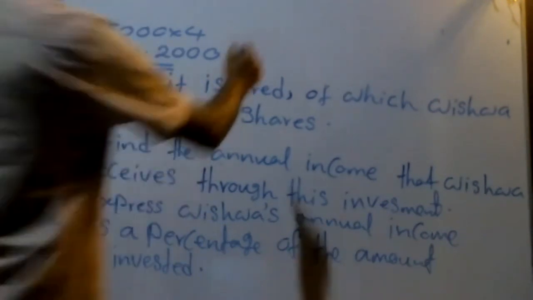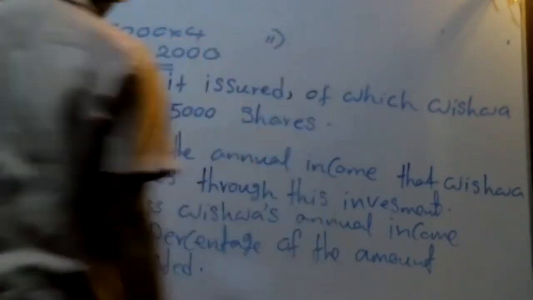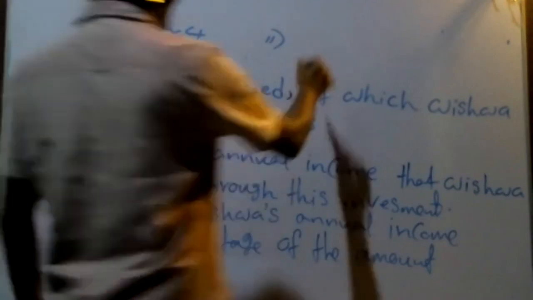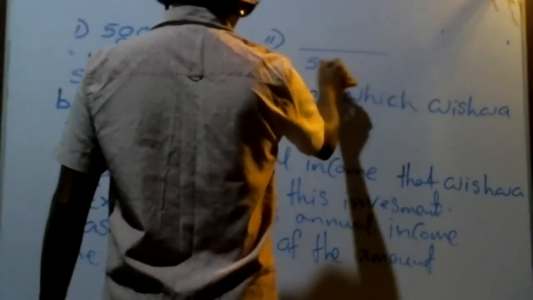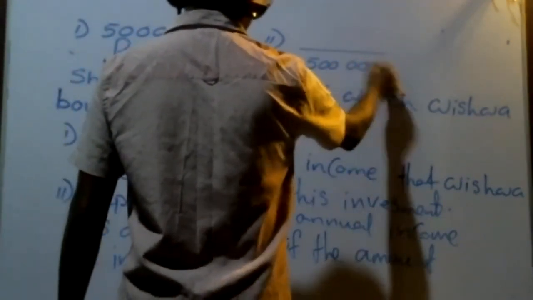The second question: express Vishwa's annual income as a percentage of what he invested. The invested amount is 500,000 rupees. We obtain 20,000 out of this.